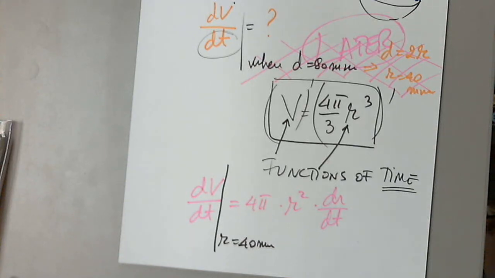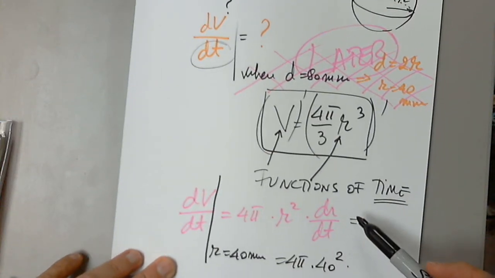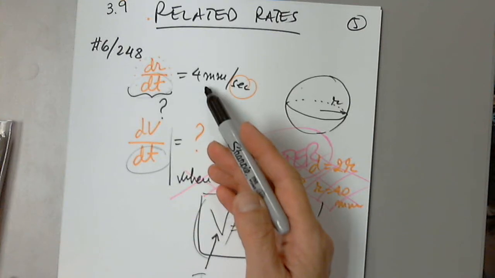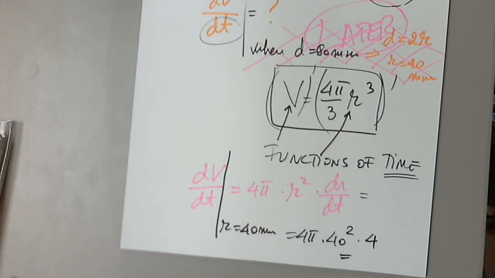So I have 4 pi, I have 40 squared, and I have dr over dt, which is given in the problem as being 4. And then I plug in everything and I determine a number. Questions? So this is 16 times 40 squared and times pi, if you want to approximate.